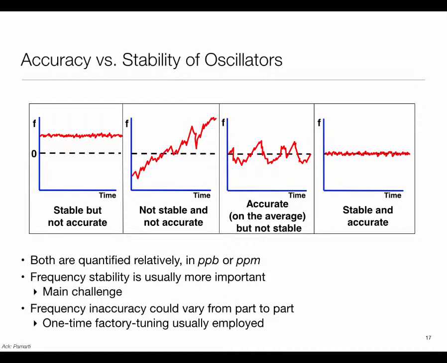So these things are going to be slightly different, and there's going to be a spread there. And the other thing is clocks age. They are ultimately some sort of physical device, and all physical devices have some sort of aging mechanism, and therefore aging also happens. So how unstable you are and how inaccurate the clock is, all these things change over time and are different from part to part also.